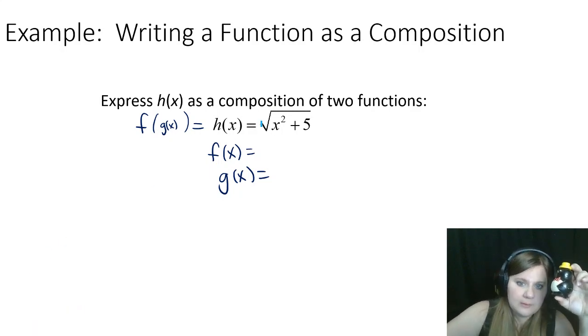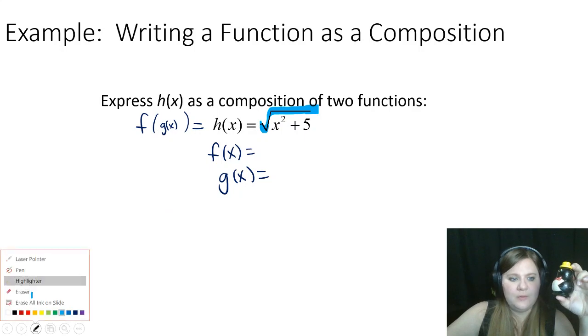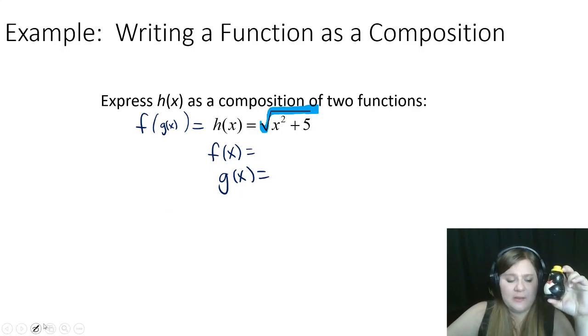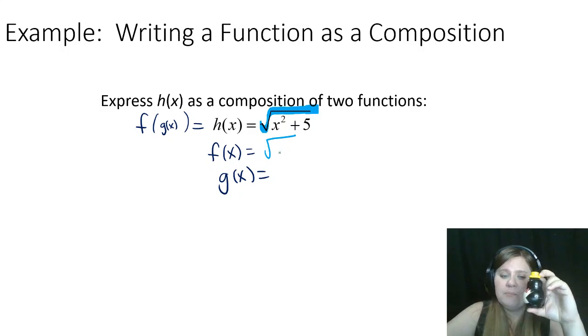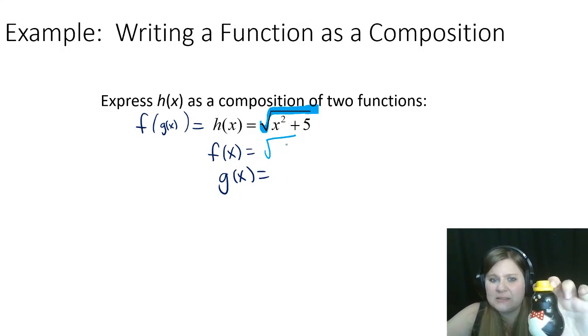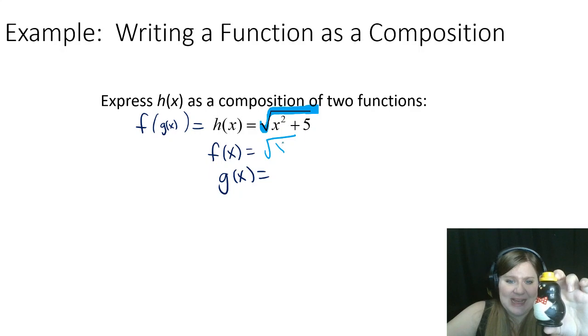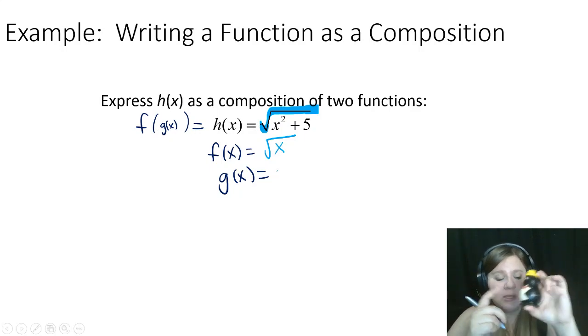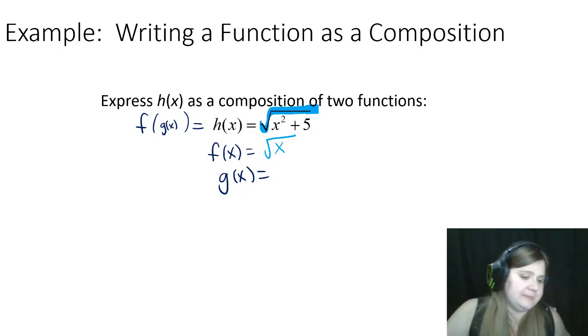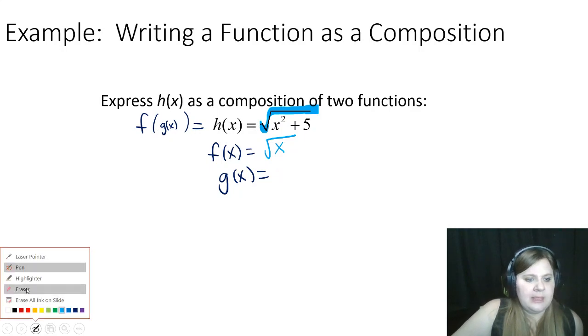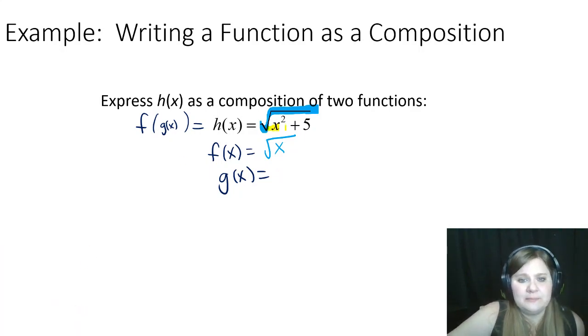But that's the thing on the outside. So f of x has to be a square root, but because it's f of x, what we need to plug into it is x, square root of x. You can't just write square root with nothing in it. And then my g of x is the inside penguin.